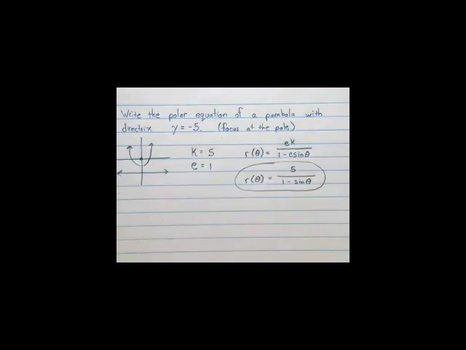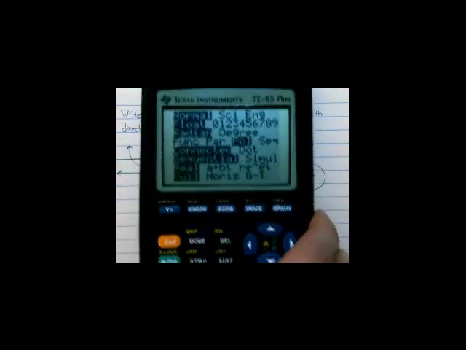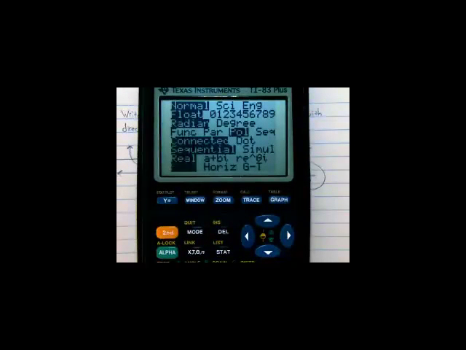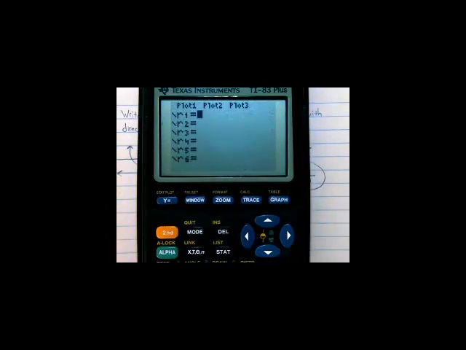So when you've got your mode screen up, you should see this. Should be in polar, should be in radians before we do anything else. And then into our y equals, so r was equal to 5 divided by 1 minus sine theta, like that.